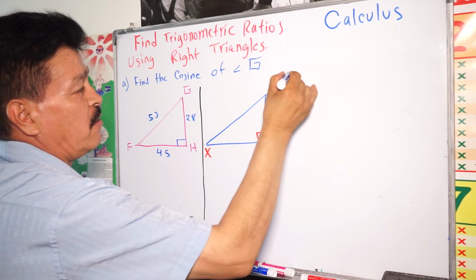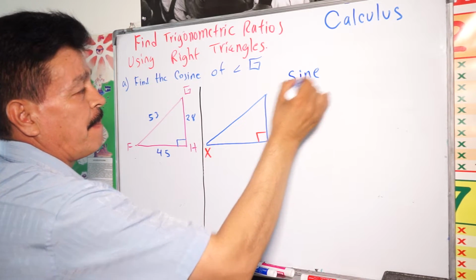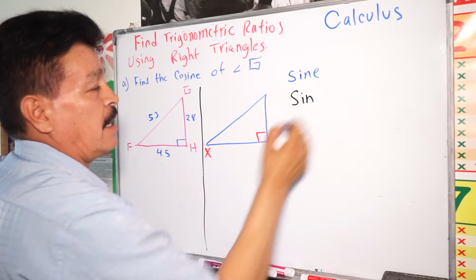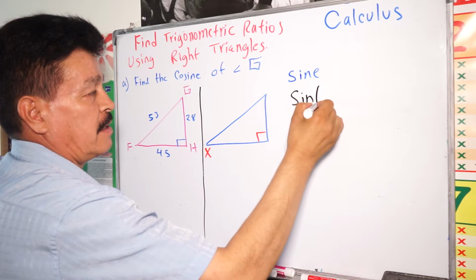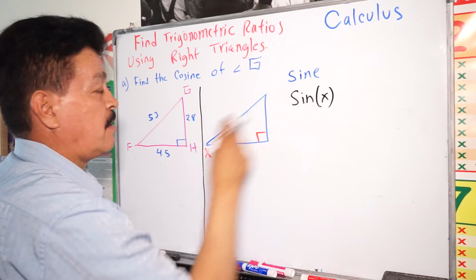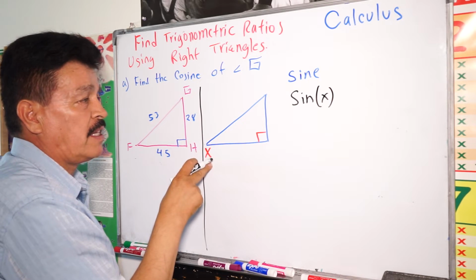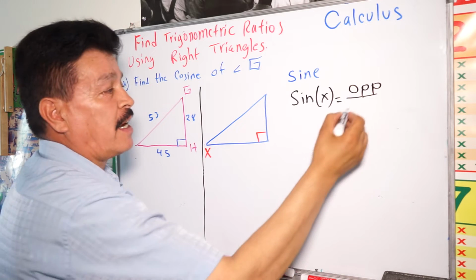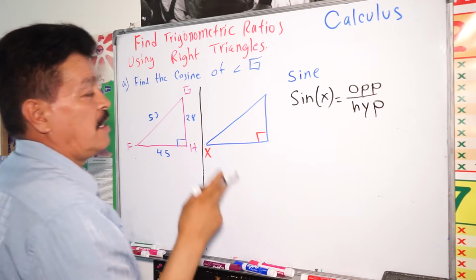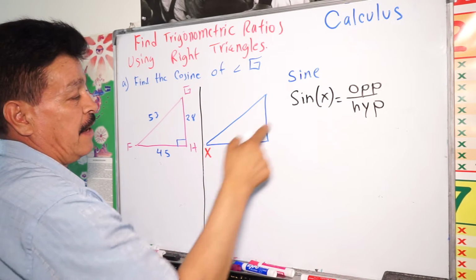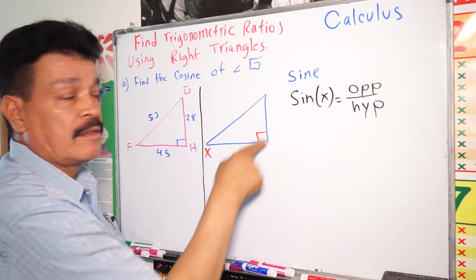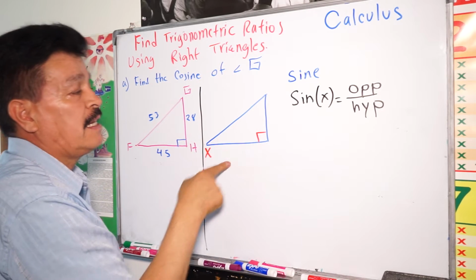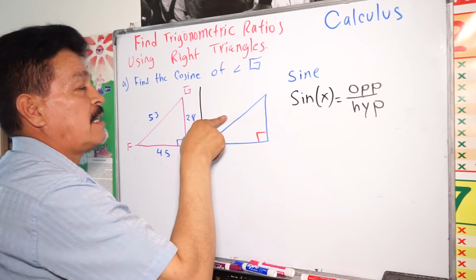The sine of this angle, we write this way, equals opposite over hypotenuse. This is the hypotenuse. This is the adjacent cathetus, this is the opposite cathetus, and this is the hypotenuse.